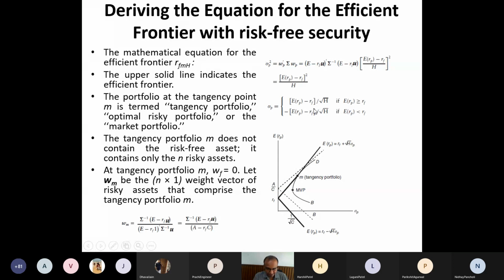It is very simple linear algebra and geometry, so go through all these points, right? And this point M, the tangency portfolio, is very important. If you want to create the efficient portfolio only by replicating the market, it is possible. You just have to determine the weights of the 50 securities of Nifty or 30 securities of Sensex, and invest in them with weights given by this equation.